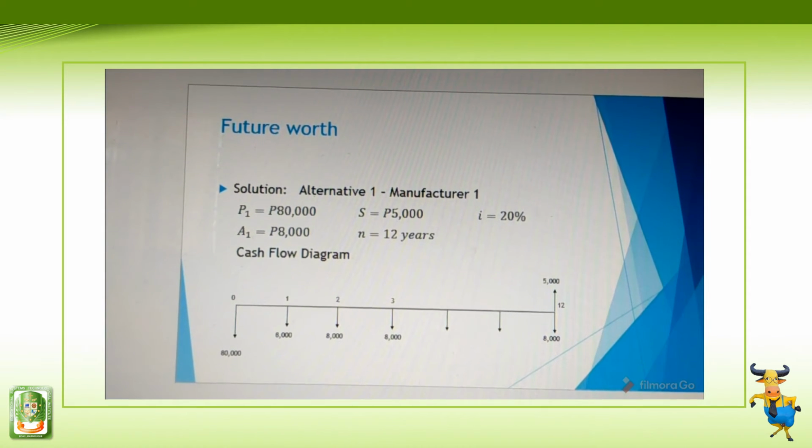So shown is the cash flow. 80,000 is an outflow because it is the initial cost. For 12 years, we have 8,000 annual or operational cost, so all of them point downward, 8,000 yearly. Whereas 5,000 points upward because this is our salvage value after 12 years.